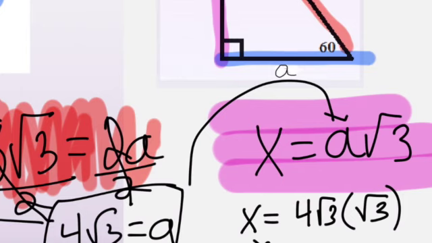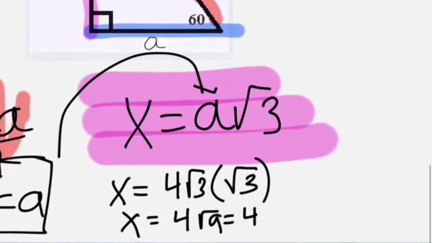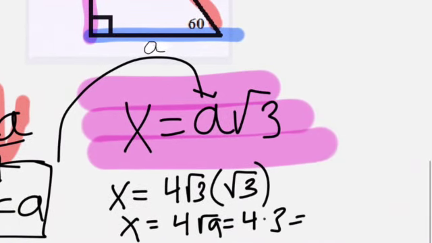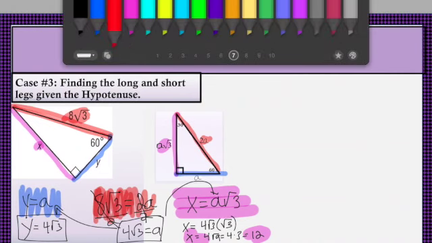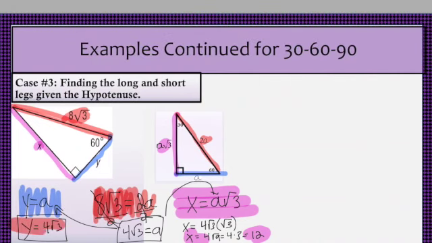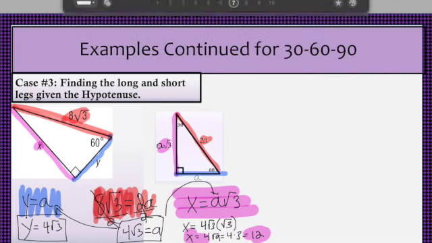That gives me 4 times radical 9, and the square root of 9 is 3, so we end up with 12. So x is going to equal 12. And there we go. We've got y equals 4 radical 3. Whoops, that should be blue.